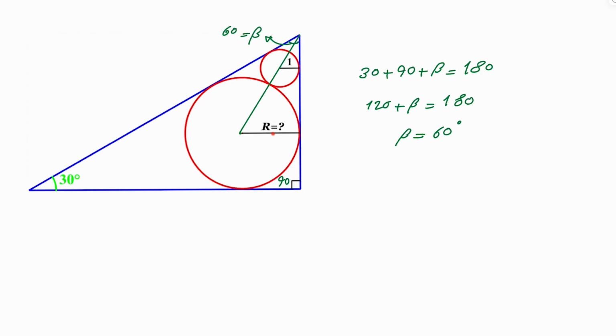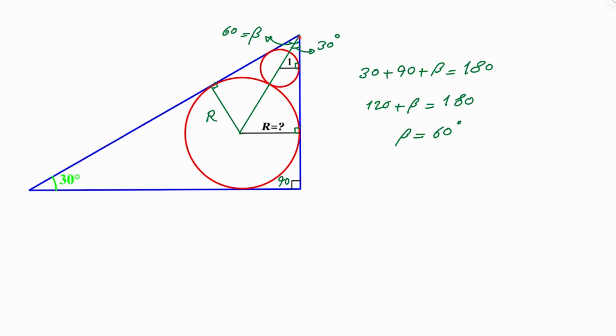For example, we have the radius of this circle here with the angle of 90, and we can also draw another perpendicular line to this segment and we will have equal distance. Because this is an angle bisector, it divides this angle into two equal angles. So we have 30 degrees here and also we have a right angle here.